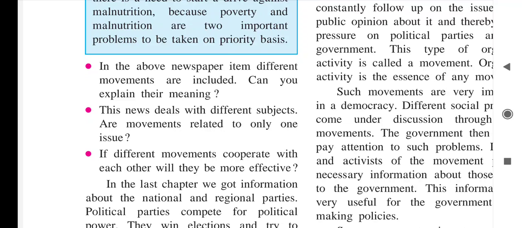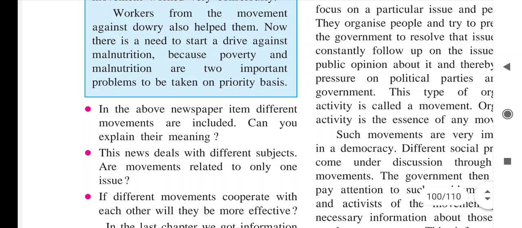Child marriage has reduced by 50% in our society, but still it remains in some parts of our country. Instead of country we can say world. Now see, next, they are saying workers from the movement, those workers who are working for the dowry system to stop the dowry, also helped.